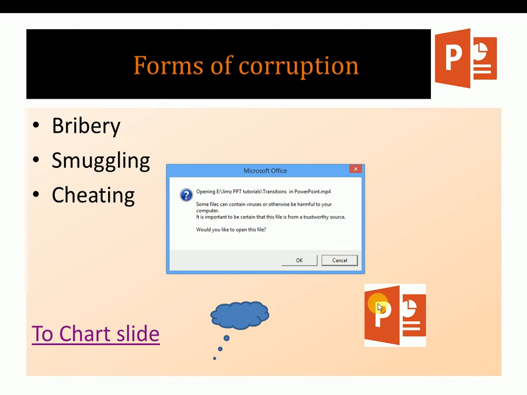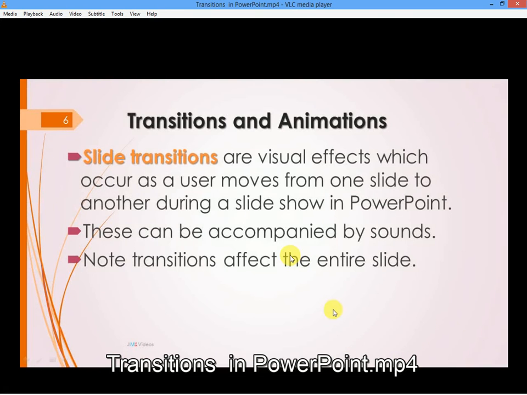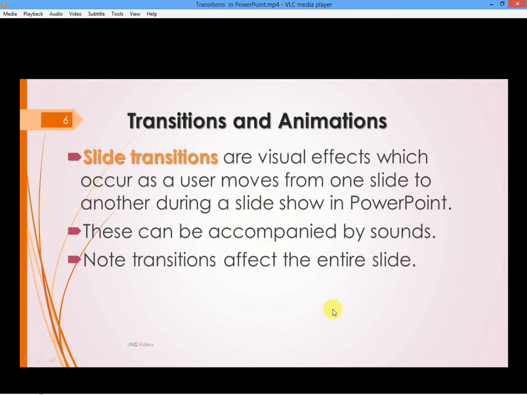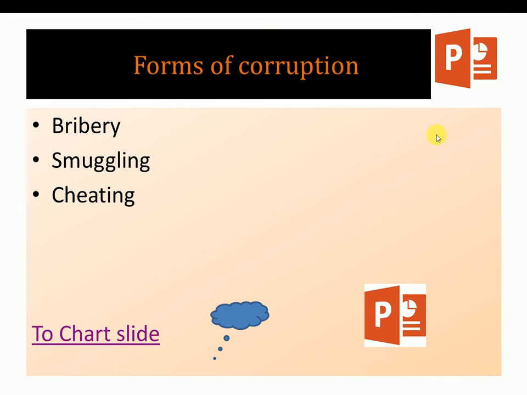When I click on this, I say OK, it will open for us. Now it's playing the video for transitions and animations, which is linked to that particular video from this picture link.